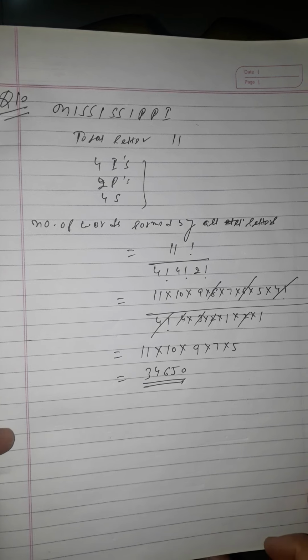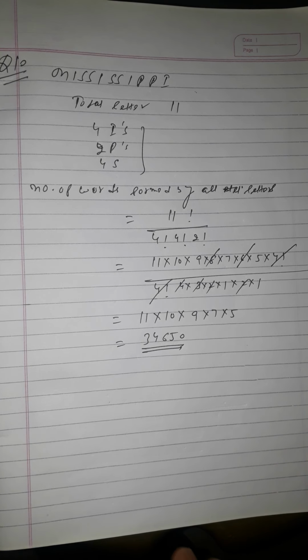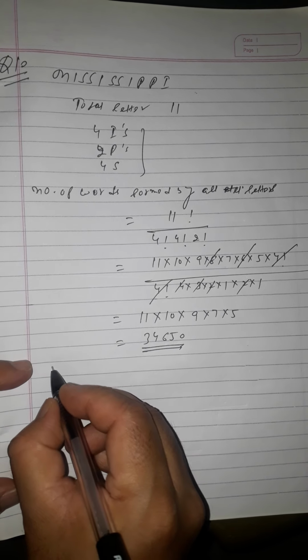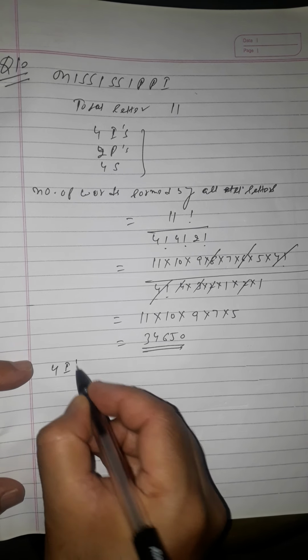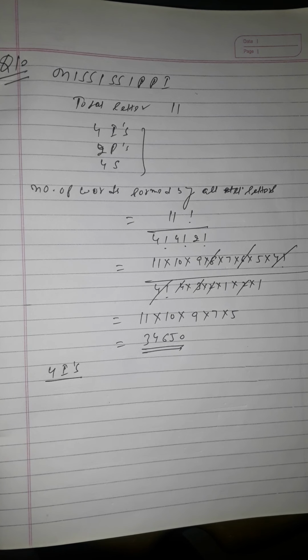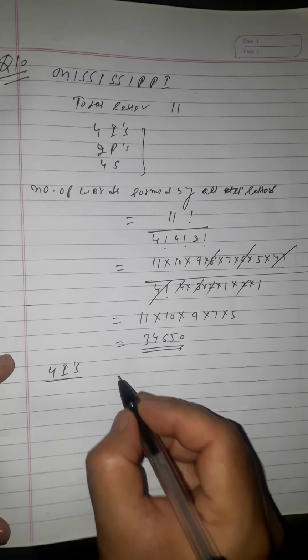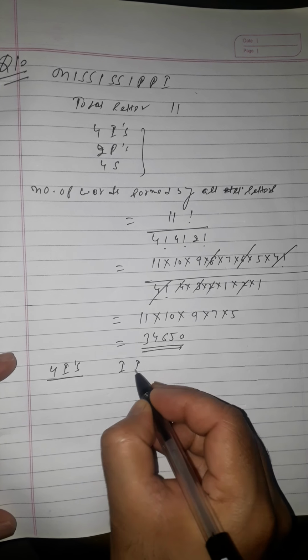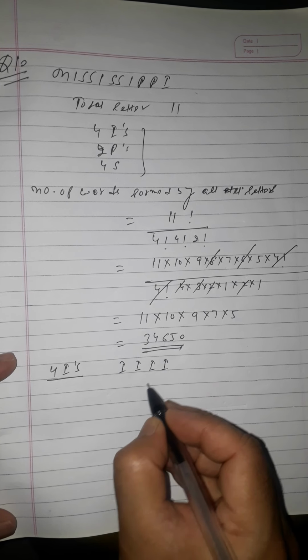Now students, in the second case, we will find out all the 4 I's together. If we take all the 4 I's together, it will form one letter, right?